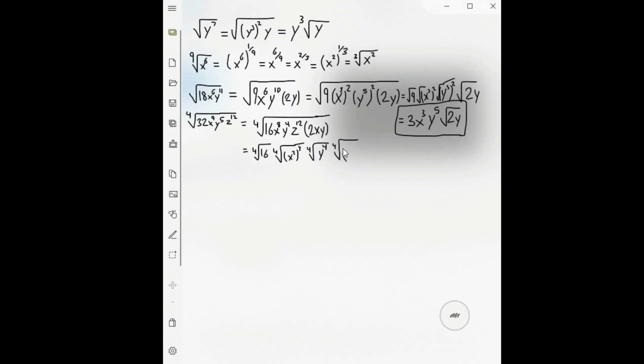And so what do you think? 16 will have to be put to the power of 1 over 4, which you could solve by just using a calculator, or just if you already know.